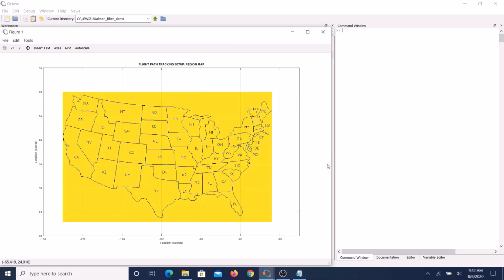In the previous video, we saw the simulation of flight tracking system with Kalman filter. However, one of the limitations of Kalman filter is that it requires the state equations and the measurement equations to be linear.